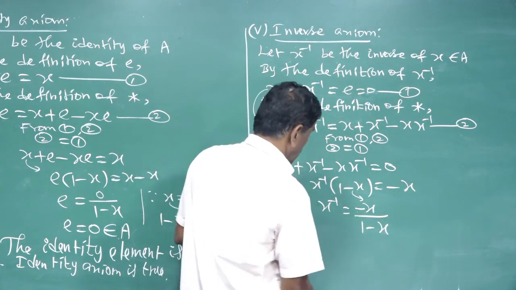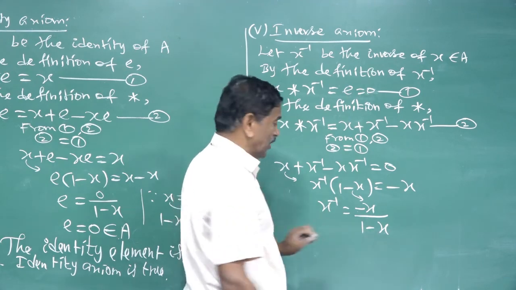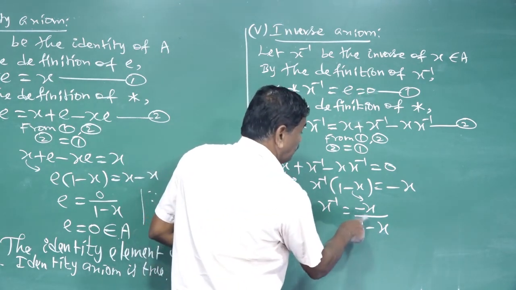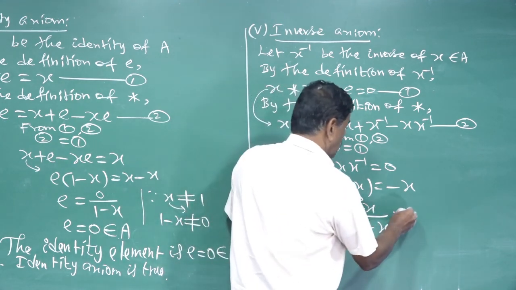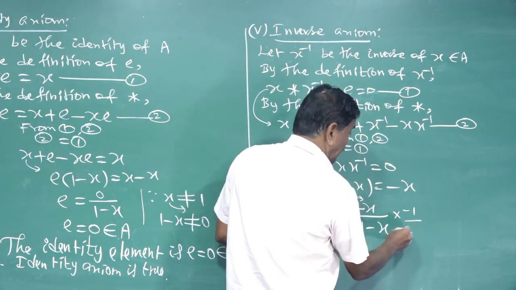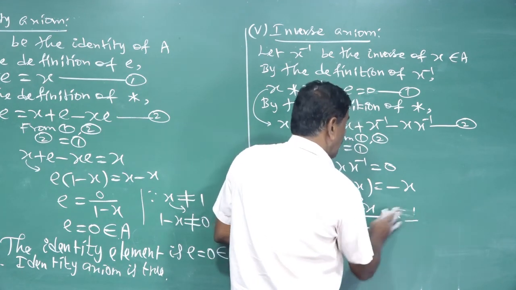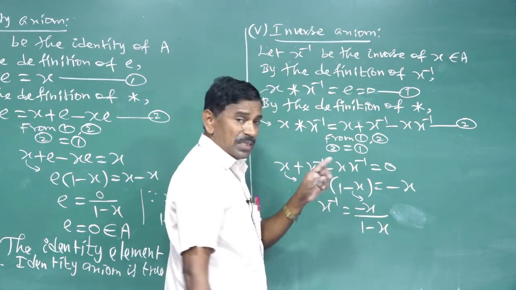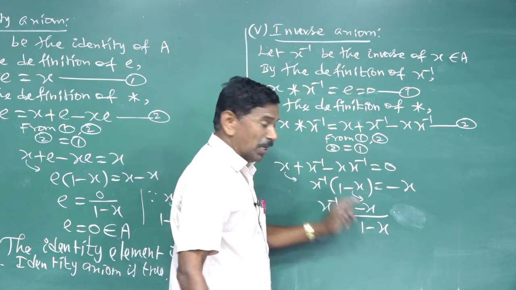So I want to do minus into minus. Otherwise, the easy technique: minus into minus plus x, the numerator minus comes into the denominator, that's all.